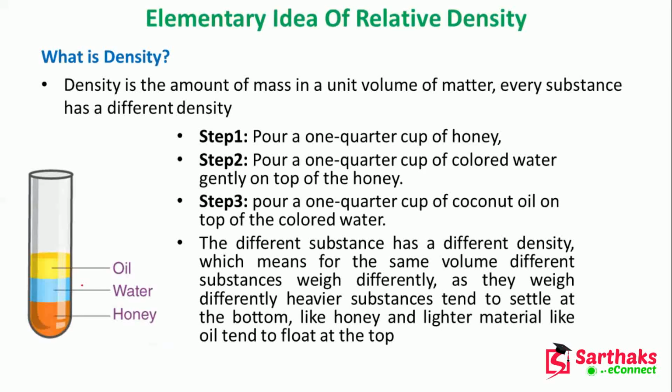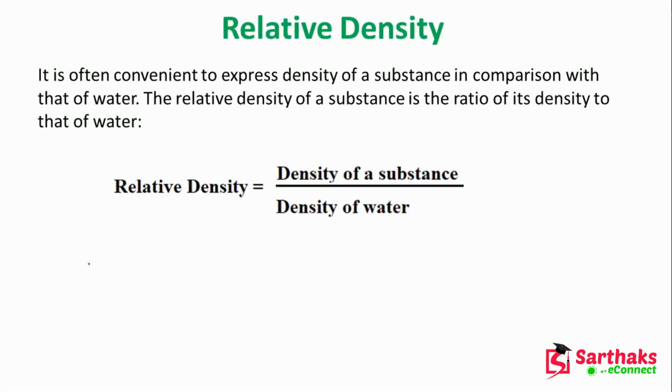Density, you know, is the amount of mass in a unit volume of a substance. But relative density means you are comparing the density with the density of water. So the relative density is the density of the substance to the density of water.